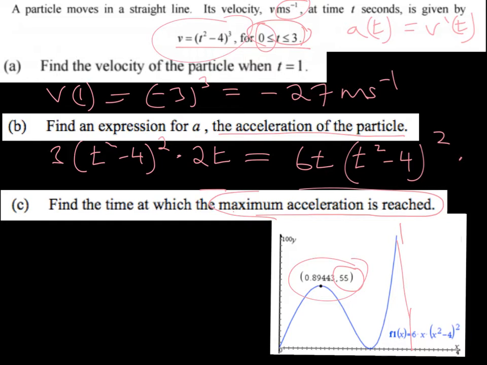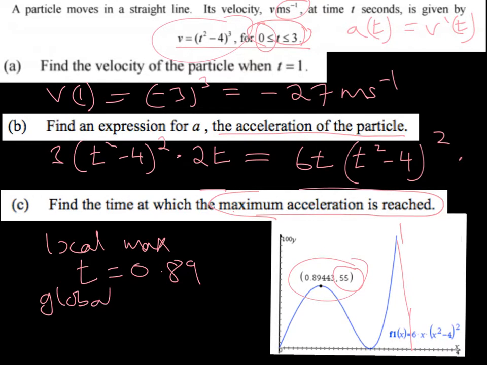So whilst there is a local maximum at t equals 0.89, we are in effect in the question asked for the global maximum, which will be when t equals 3, and that will give you an acceleration of 125, but we're not actually asked for the acceleration, it's just the maximum time, so time equals 3.